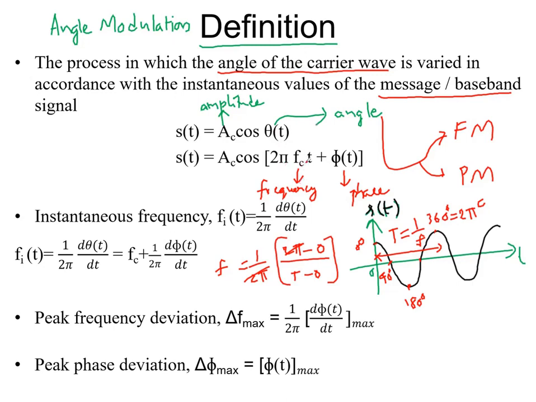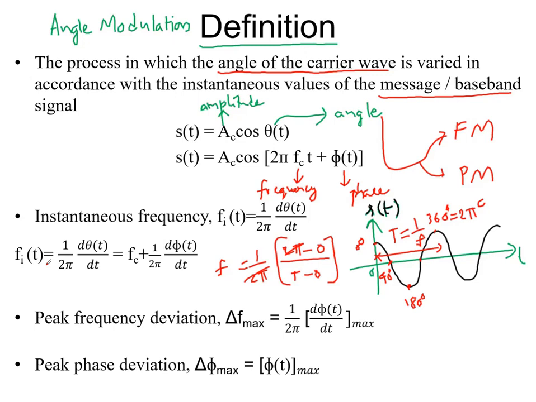Since the differentiation of t with respect to t is 1, the differentiation of 2 pi fc t becomes 2 pi fc, and divided by 2 pi, you are left with fc. Then 1 upon 2 pi is getting carried here. Then the differentiation of phi of t with respect to t is d phi by dt. This is how you will calculate the instantaneous frequency, on which many problems may come in the GATE examination or engineering services examination.